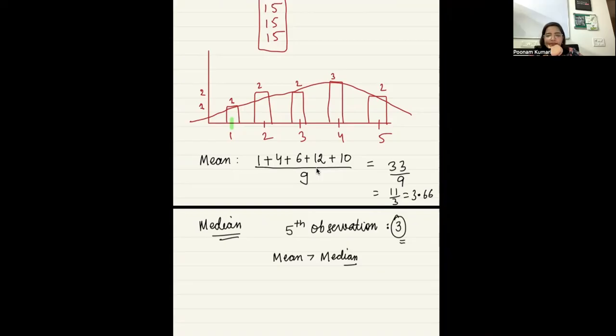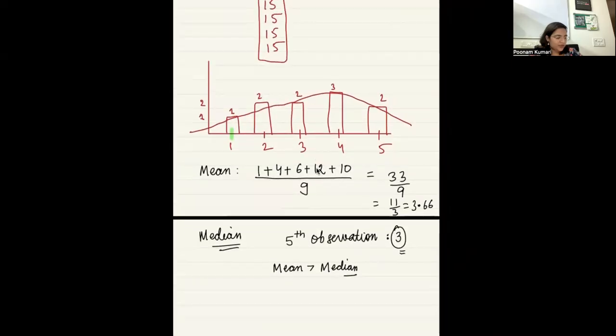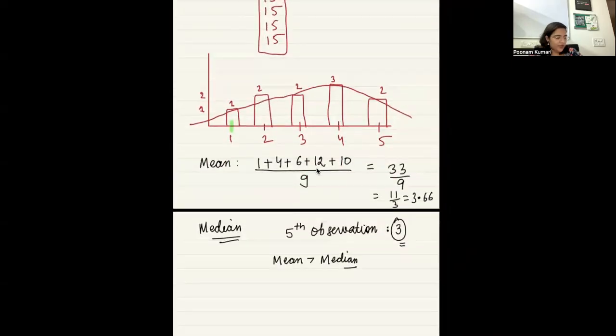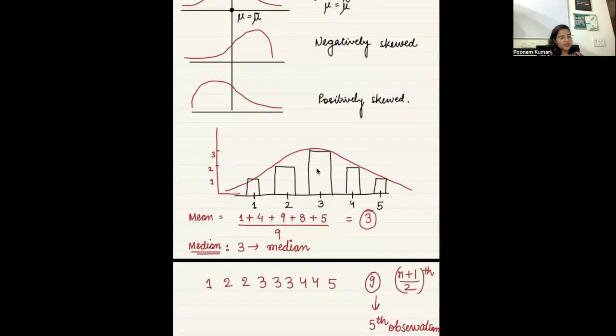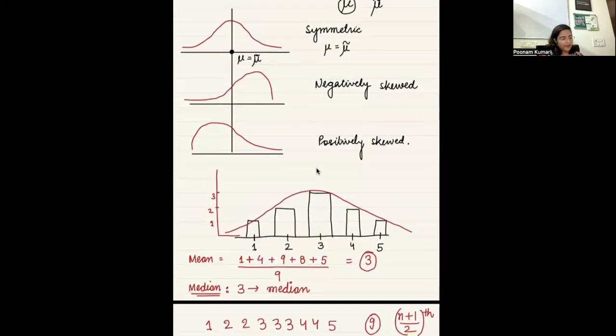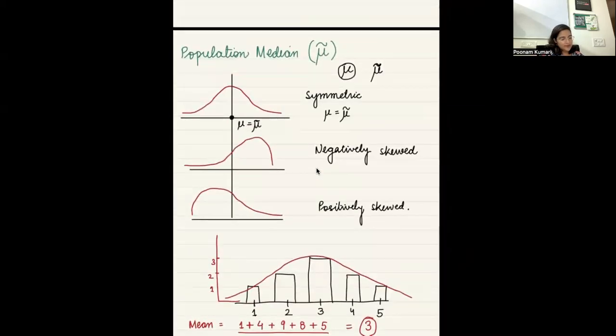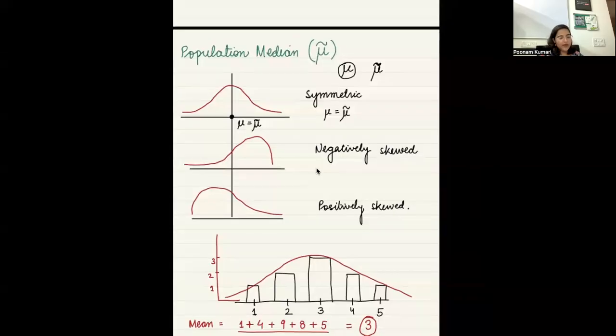So now try to think about what is going to be the case here. So in this case, what we are seeing is that if our system is of this kind, then our mean value is coming out larger relative to my median value, right?